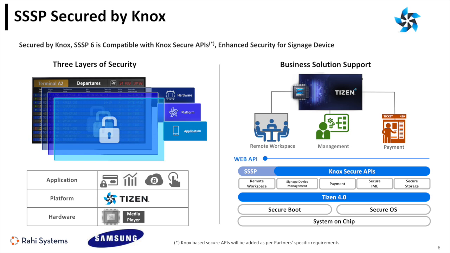It's at the platform level using the Tizen, and at the application level for all the APIs that are available within the system. So with Knox, we have all kinds of areas of business solution support available, such as remote workspace, management, even things like payment and secure storage that we didn't have before on the signage platform.